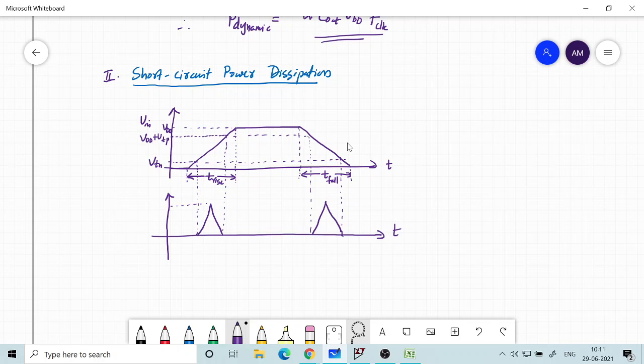That is true if the input is either at 0 volt or 5 volt, any of the digital states. But during the transition that is not true. So we are looking at a slow transition so that we can clearly see this short circuit current. This current we will call the peak of the short circuit current.